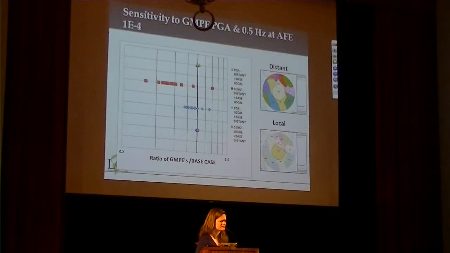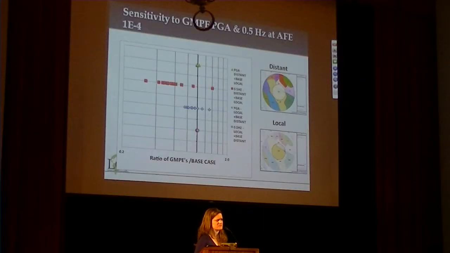Sorry, what was your question? Why are we not seeing ratios less than 1 at PGA? The green dots at the top. The green is the sensitivity to the distant sources for PGA. They don't contribute. The California sources don't contribute to the hazard at PGA. You need to read that really carefully.